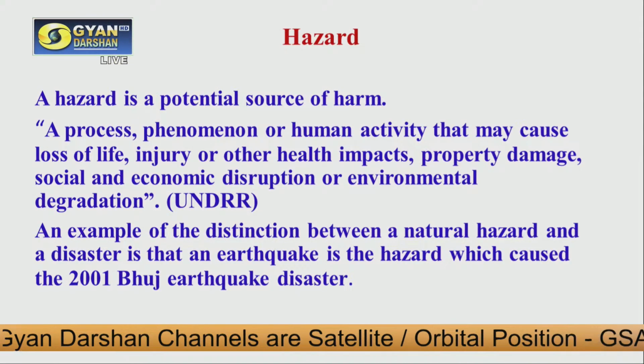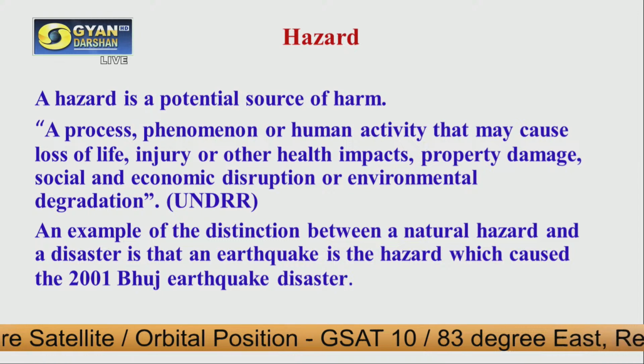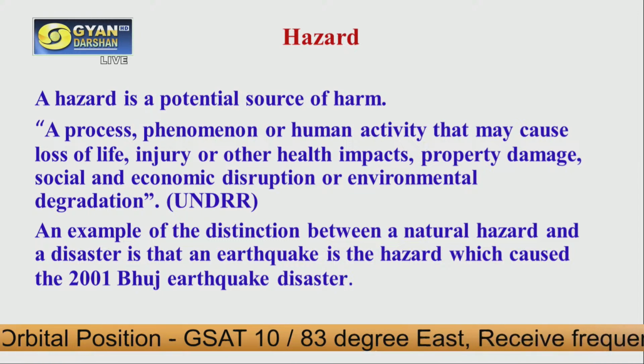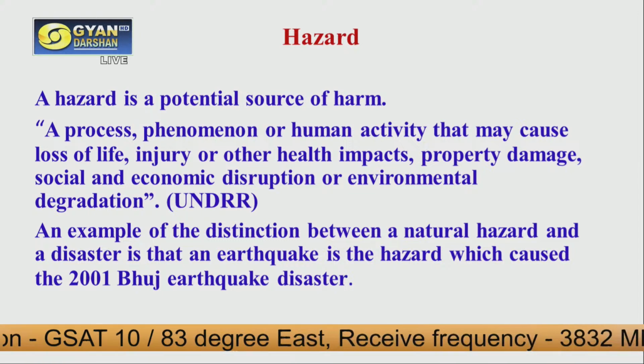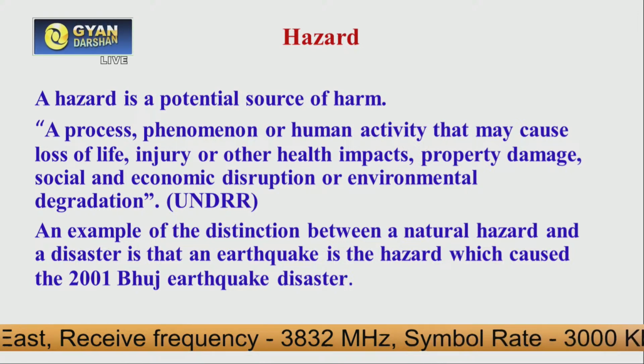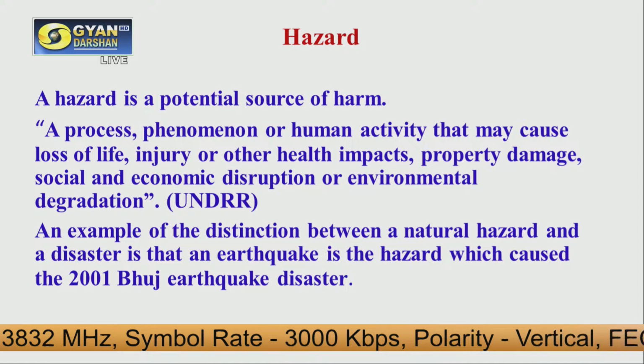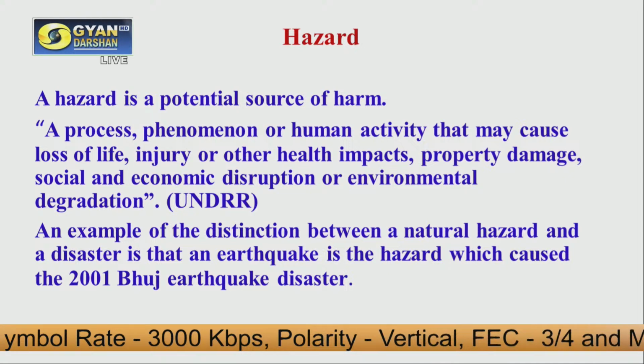Here you see the difference between the natural hazard and disaster: an earthquake is the hazard which caused the 2001 Bhuj earthquake disaster. Earthquake is hazard as well as disaster if its impact is a lot.